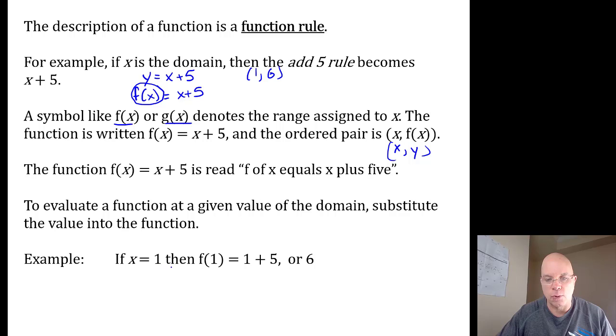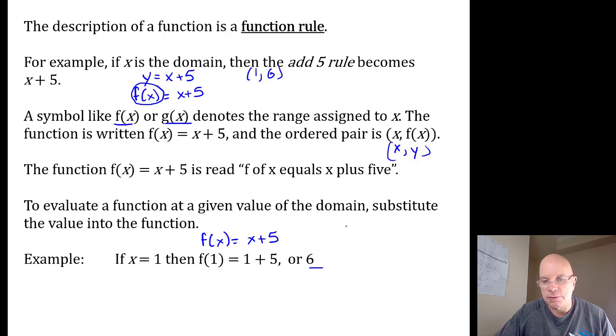So when x equals 1, f of x equals x plus 5. So f of 1 means the function when the input is 1, when x is 1. So you just substitute 1 for x. The f of 1, the function at x equals 1, would be 1 plus 5 or 6.